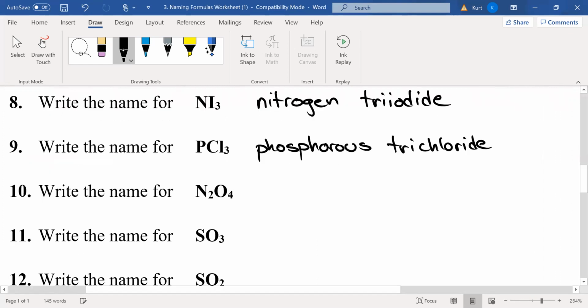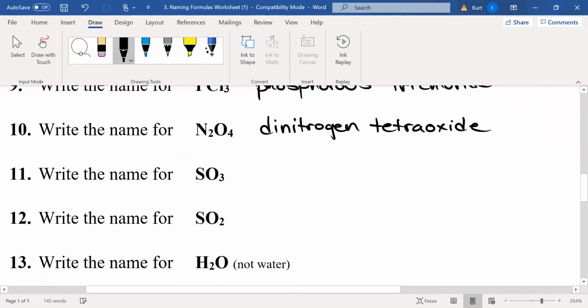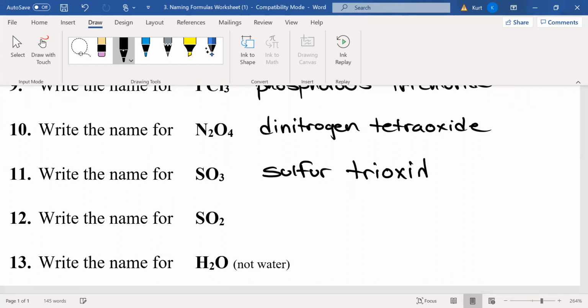Derek, what is N2O4? Dinitrogen tetroxide. Yep. If you put tetroxide, like tetroxide, that's fine. I'm not going to mark you off on that. How about SO3, Scout? Sulfur trioxide. How about SO2, Alyssa?